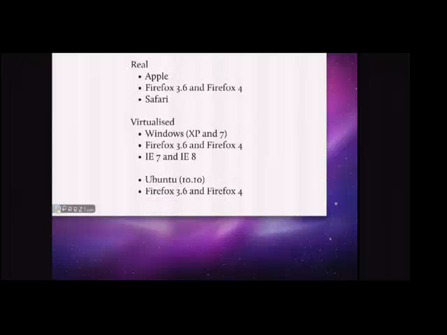Our infrastructure for running Selenium is quite extensive because we have so many different browsers that we need to check. So we have real machines. They're Apple-based machines, and they run Firefox 3.6 and 4, and Safari.